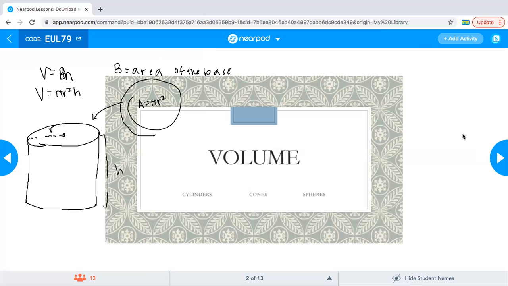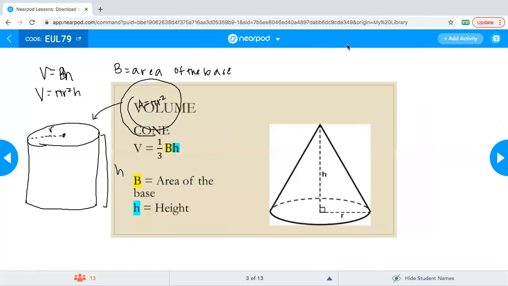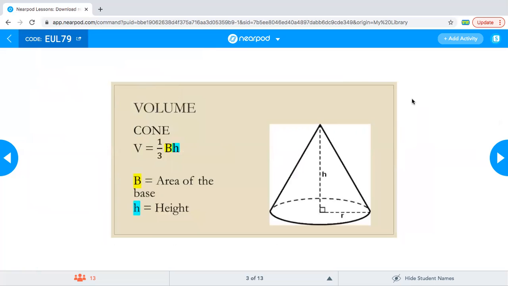So let's go ahead and move on to what we're learning today. We're learning about the volume of a cone. Go ahead and draw a cone on that paper and the formula for a cone. My writing instrument is acting up a little bit, so my handwriting might not be the best today.